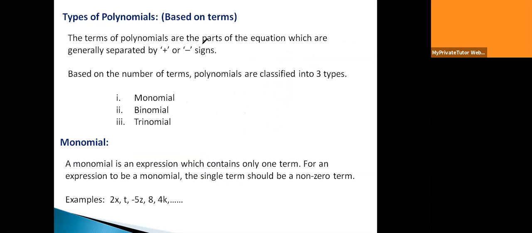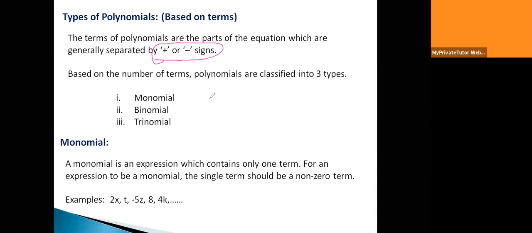I will tell you what degree is. Let's start with the terms. Polynomials based on terms. How many types do we have? I think we have 3-4 types, but basically speaking, let's call it 3. So generally a term is separated by what? The term is separated by the positive or negative sign.